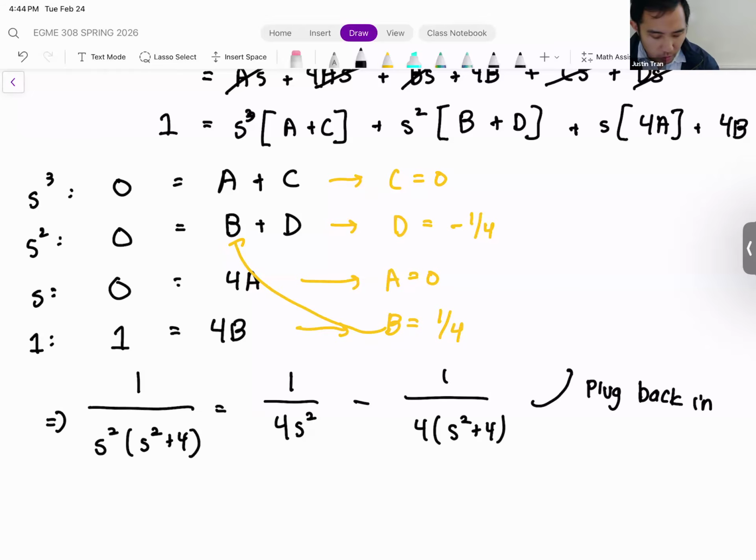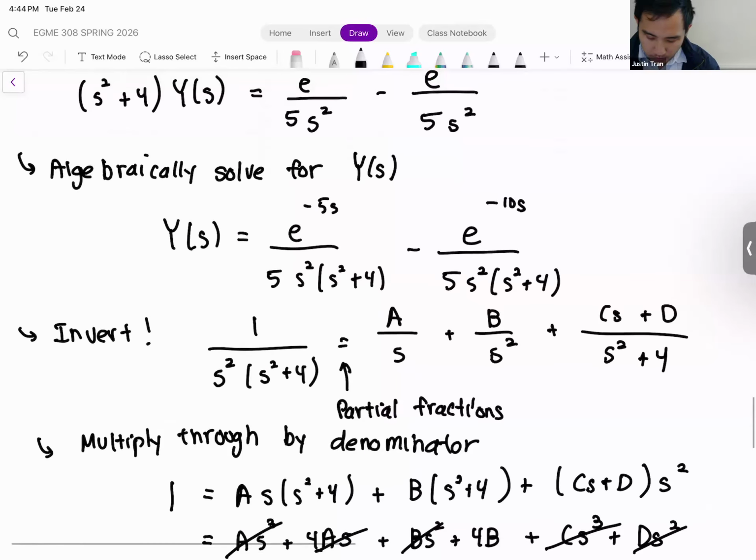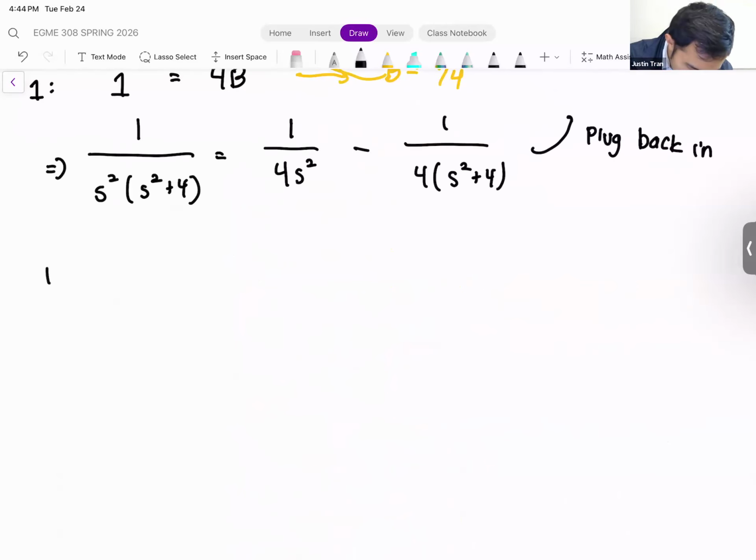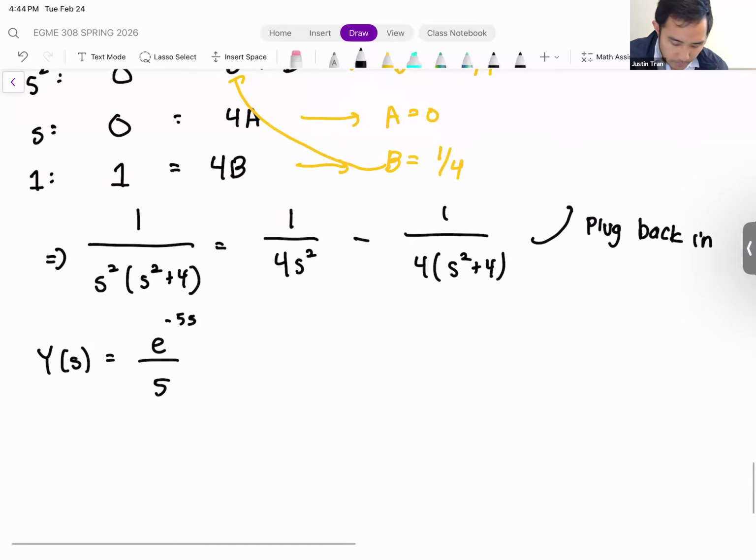Okay, so we plug this back into our original differential equation. And so we said that y of s is equal to e to the minus 5s over 5 multiplied by this here.